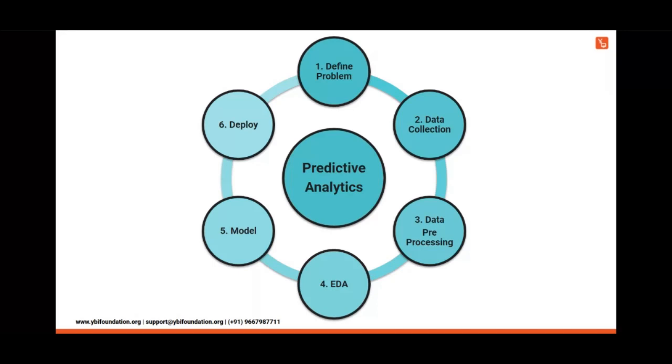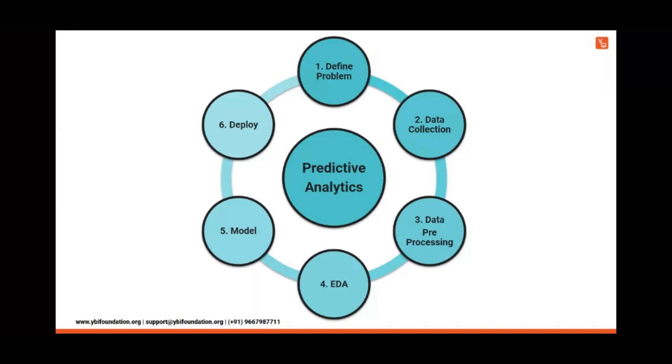So this is how the predictive analytics journey looks. It starts with defining the problem. It does not start with data collection or collecting the CSV. It starts with defining the problem. Then after defining the problem, we do the data collection. Then after data collection, we do the pre-processing. Yes, before EDA we do the pre-processing, looking for missing values and so on, and then do the exploratory data analysis.